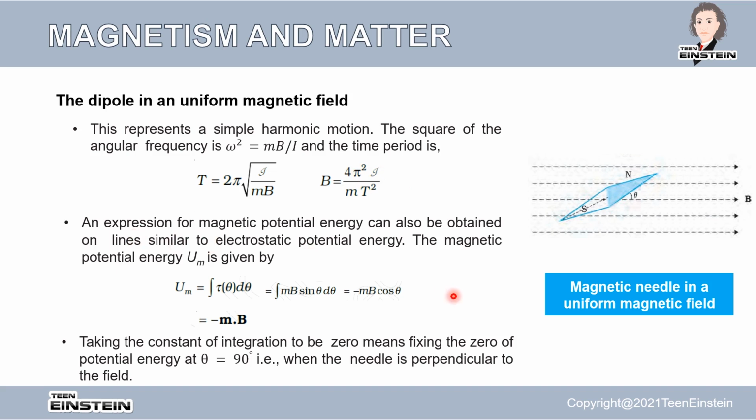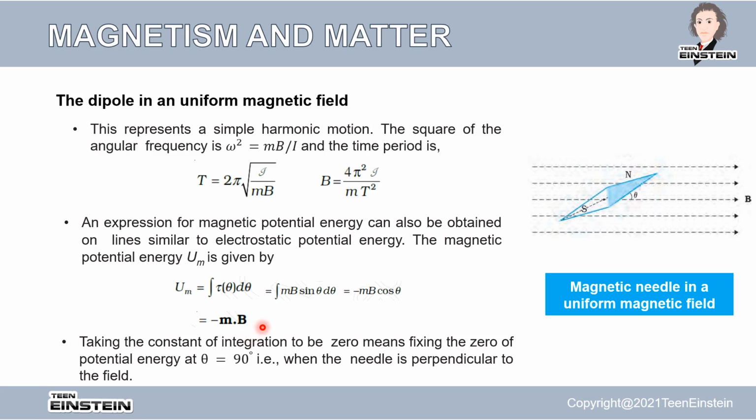An expression for magnetic potential energy can also be obtained on lines similar to electrostatic potential energy. We already calculated U for electrostatic potential energy when a dipole is kept in an electric field. Similarly, when a compass is kept in a magnetic field, the potential energy U_M is given by the integral of tau of theta into d theta, and so we get minus MB cos theta, otherwise minus M dot B. This is a dot product.